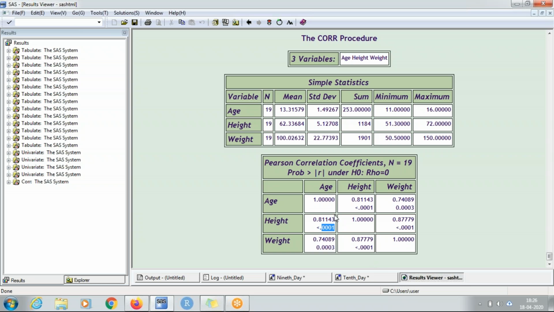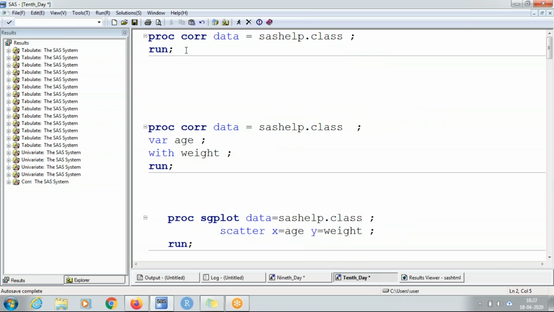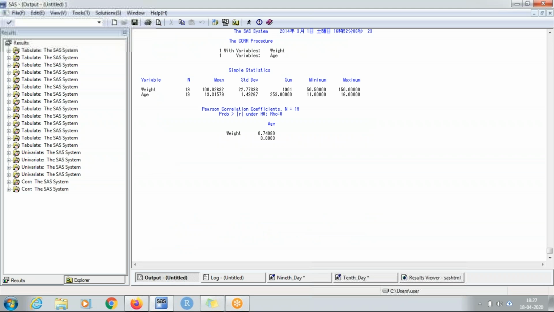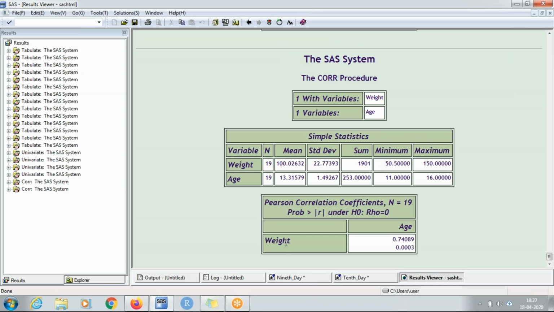All right. So this is about your proc corr. This by default gives you the correlation between all the numeric variables. But if you want to check for some variable, you can write this. If you want to see the correlation of age with weight, you can write only that thing.